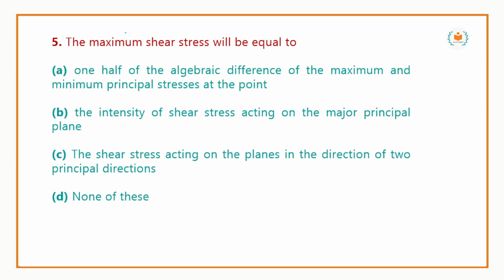Now the maximum stress, the maximum shear stress, will be equal to what? We represent the maximum shear stress as tau max. When a body is subjected to two equal stresses, or two different stresses, if this is a rectangular body, this we take as sigma 1, and this also sigma 1, and sigma 2, and this is sigma 2.